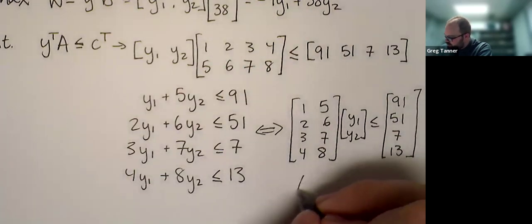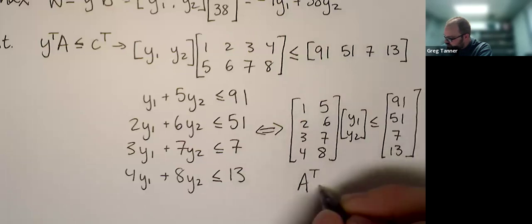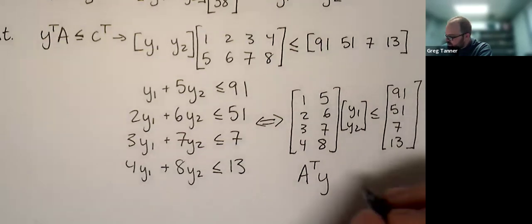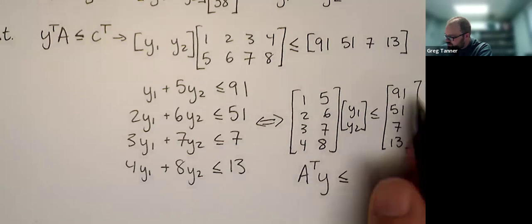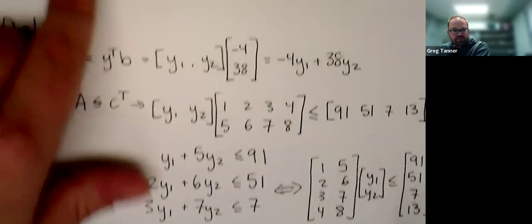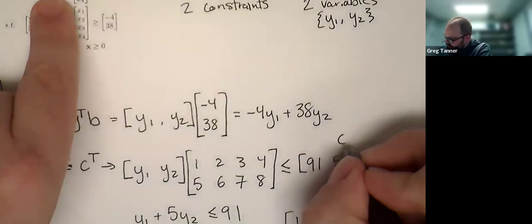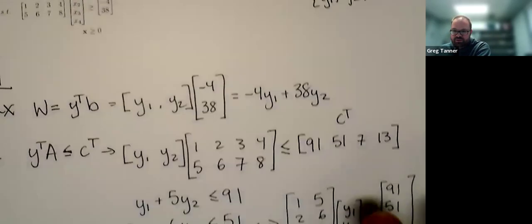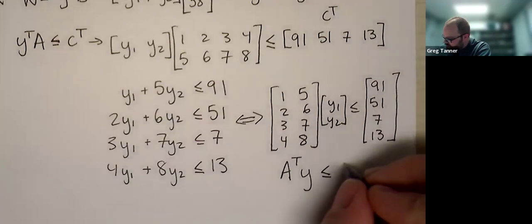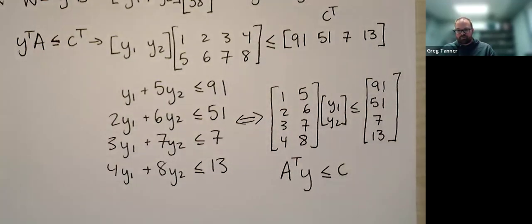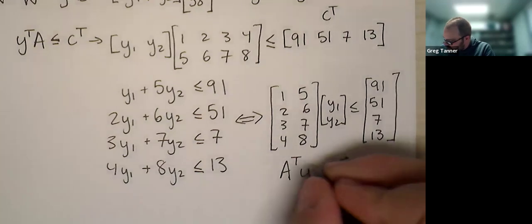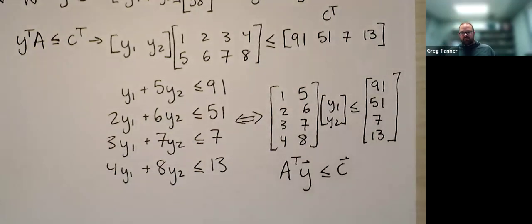And so this is going to be A transpose times Y is less than or equal to, well, we called this vector up here that we started off with the C transpose vector. And if we transpose that, the result we'll just call the C vector. Okay, and so that's a vector, if you want to denote those as vectors.